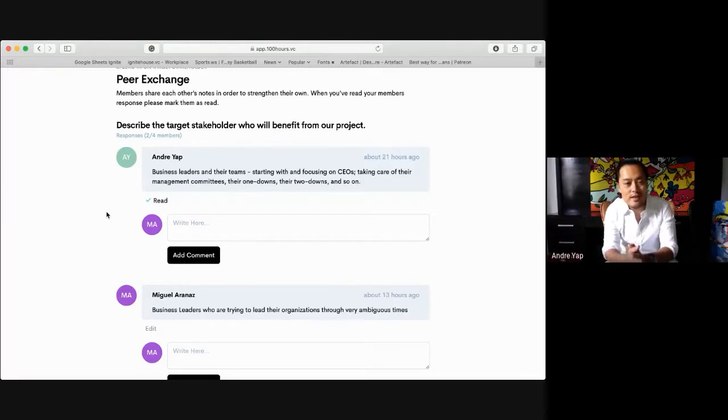This was a few hours before President Duterte announced the first community quarantine, which eventually became the enhanced community quarantine that we are all under right now. So when we did the first iteration of this, it was very clear to us that our target stakeholder is the same target stakeholder that we have always served.